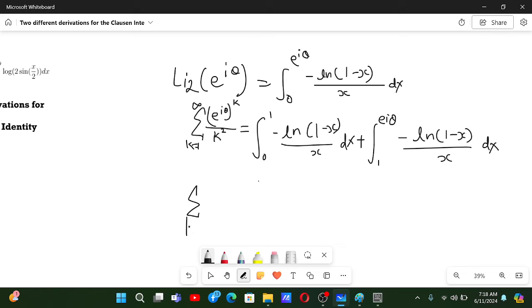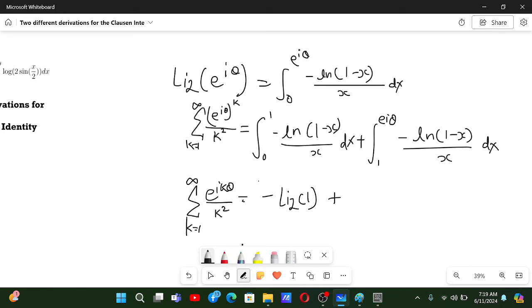First of all, let me just multiply the powers. e to the power i k theta by k square is equal to... Now we know that this is just minus Li2 of 1, and then plus Li2 of anything that's over here.